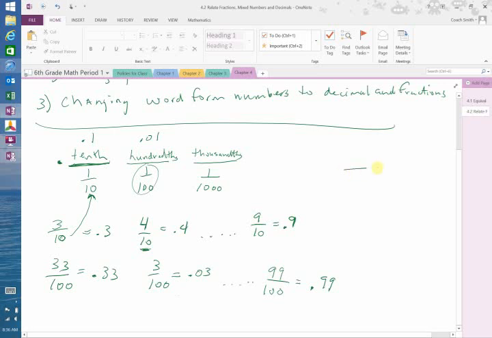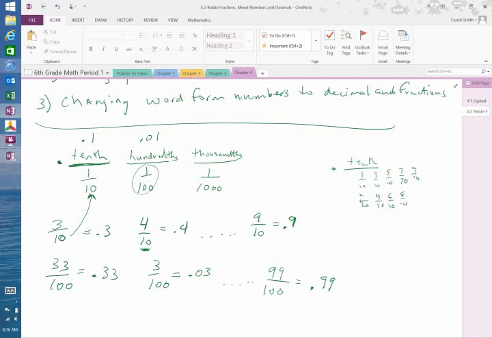So your first digit is your tenths, and it's going to be 1/10, 2/10, 3/10, 4/10, 5/10, 6/10, 7/10, 8/10, and 9/10. That's what's going to be in that first blank. These are the fractions that would be in that first blank.